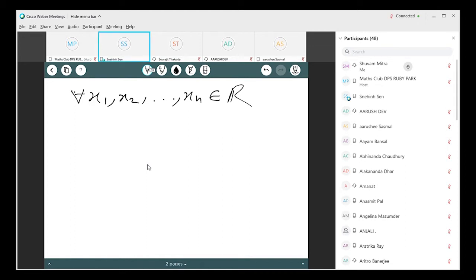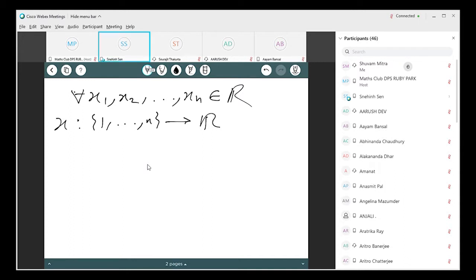It's basically a finite sequence, or if you know functions, it can be thought of as a function from the set 1 to n to the real numbers. X can be thought of as a function with x of i equal to xi, which is a real number by definition. I'm sure you know this part well.